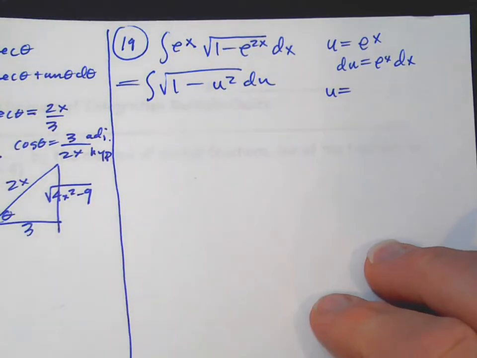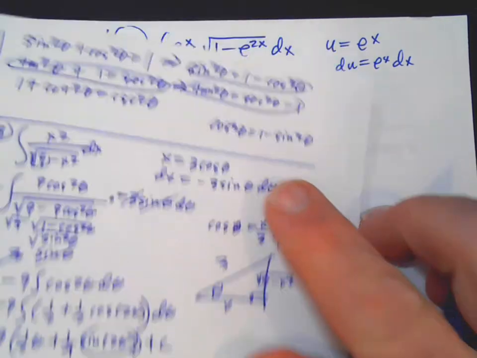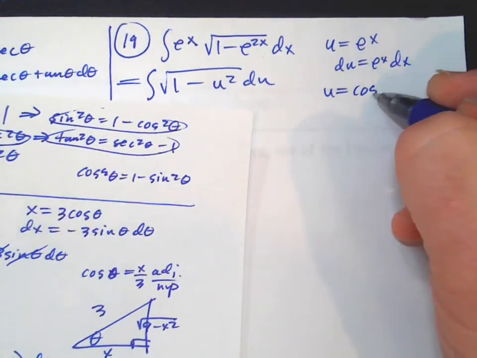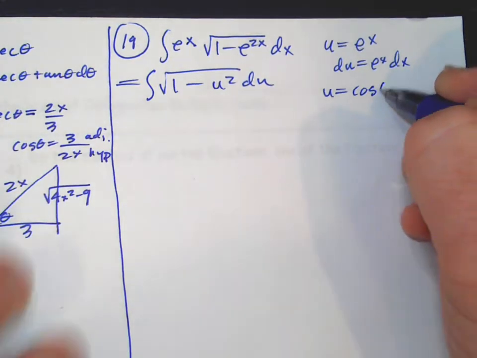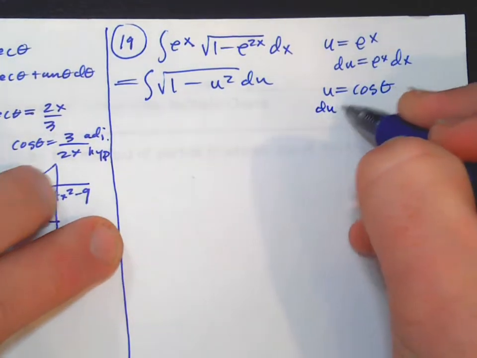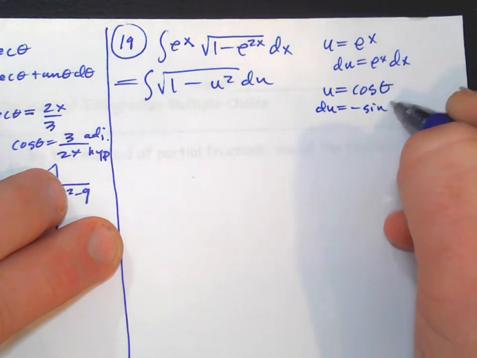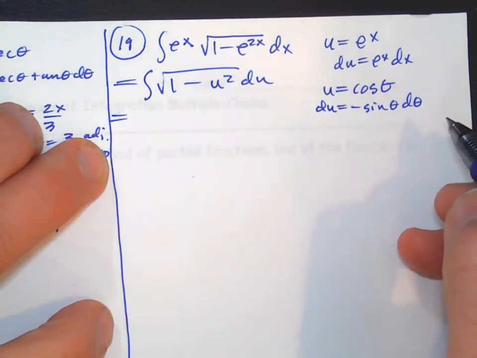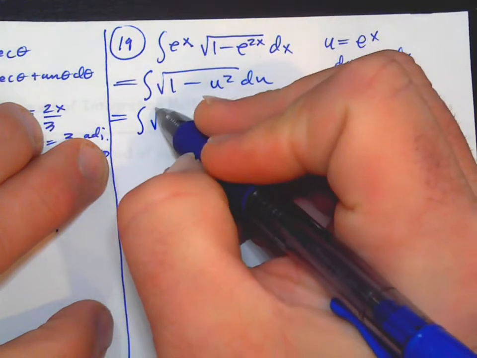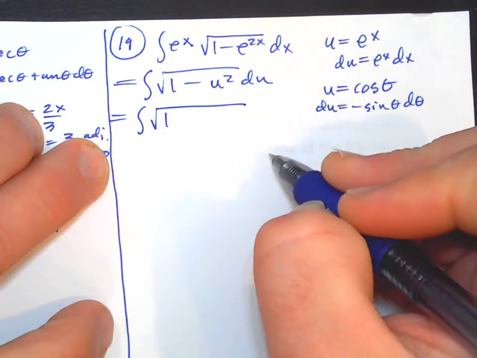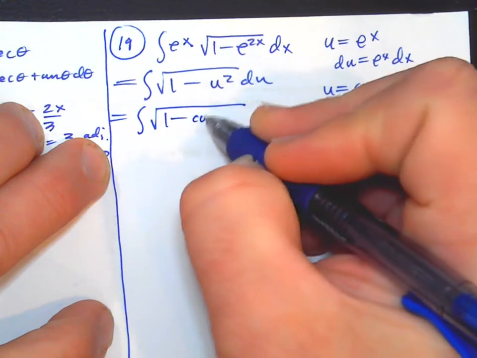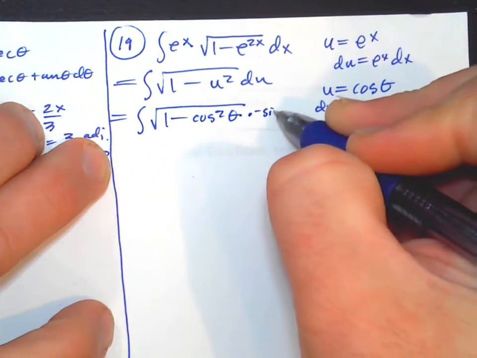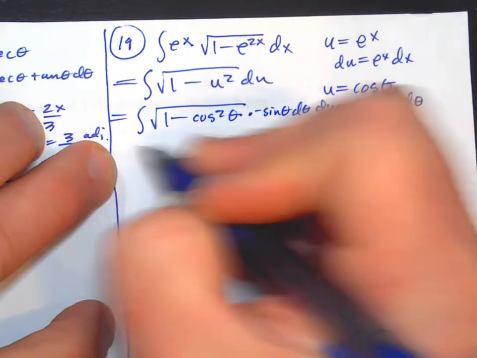So if we go back, it's going to be 1 minus trig squared. I'm going to go with this first one, cosine. So I'm going to go with u equals cosine theta. So then du equals negative sine theta d theta. And so then we're going to get the integral of the square root of 1 minus cosine squared theta, and then we're going to get a negative sine theta d theta.